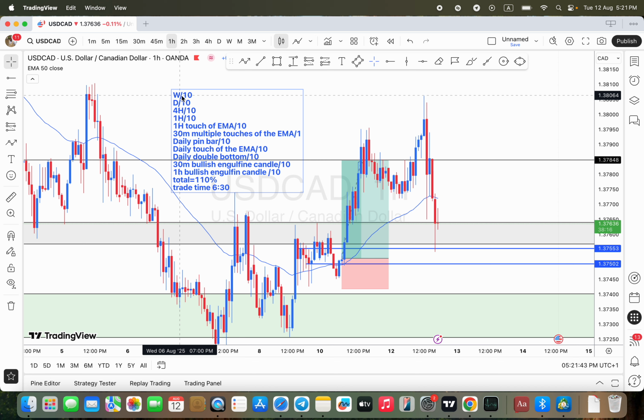The weekly was bullish, daily was bullish, 4 hours was bullish, 1 hour was bullish. Then we had a touch, the 1 hour touch of the EMA. So each of any of my confluences is plus 10% to me.